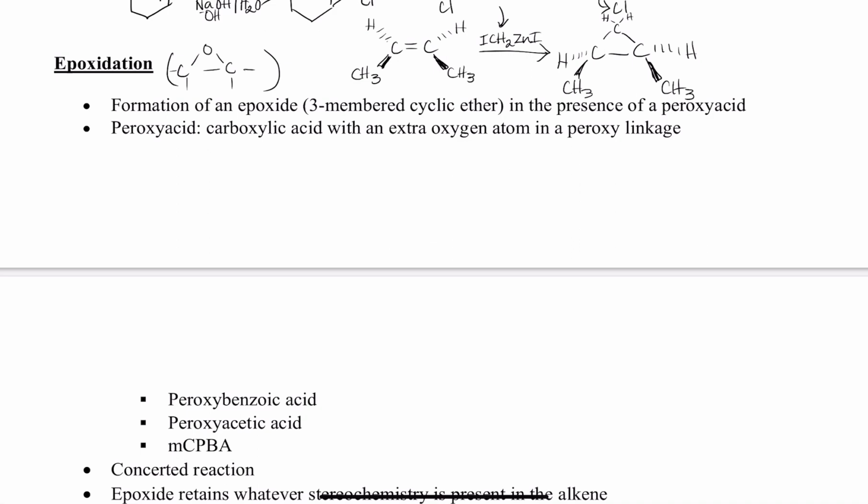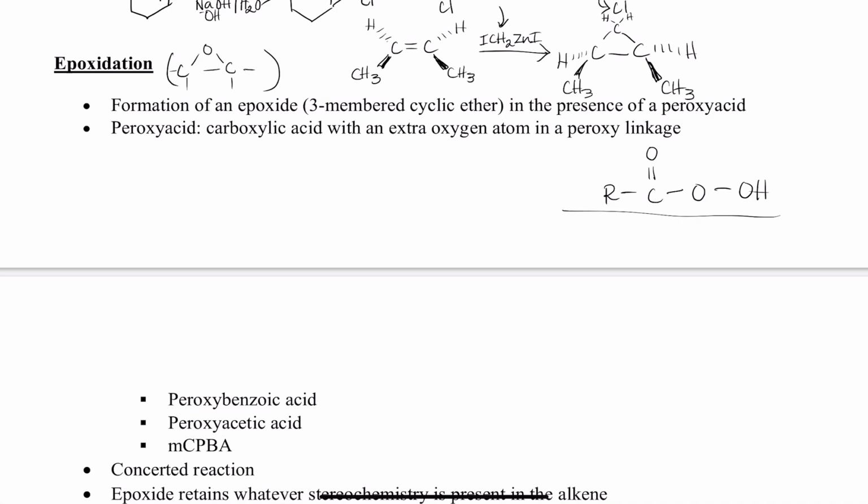A peroxy acid is a carboxylic acid. However, it has an extra oxygen atom, and that is what we call the peroxy linkage. So it looks like a carboxylic acid, but we're going to throw in one more oxygen, and this is what we call a peroxy acid.